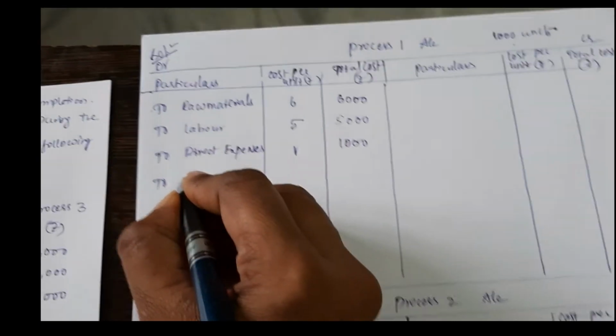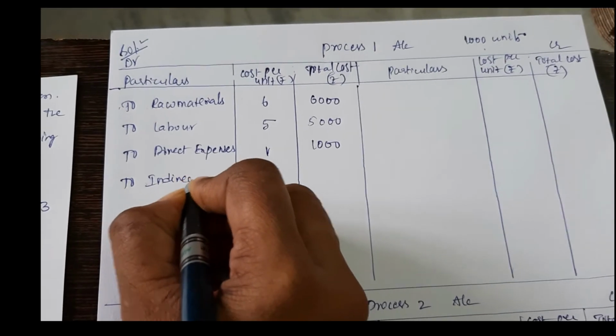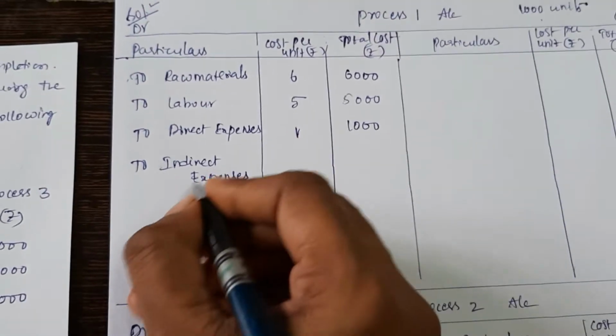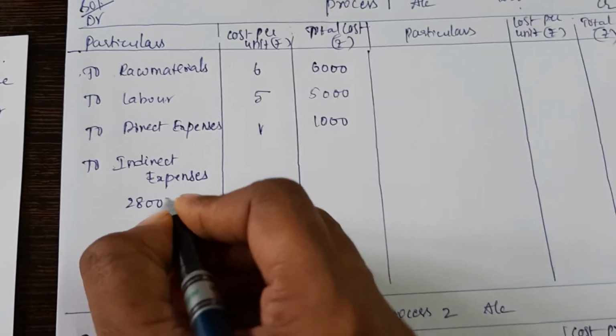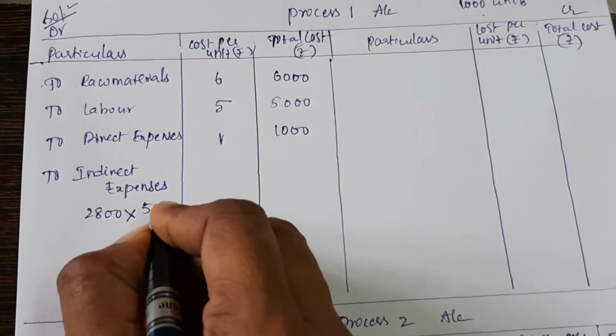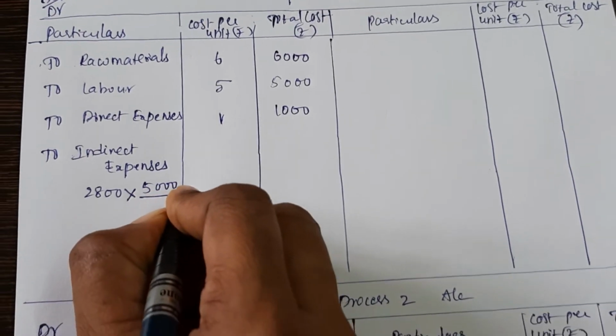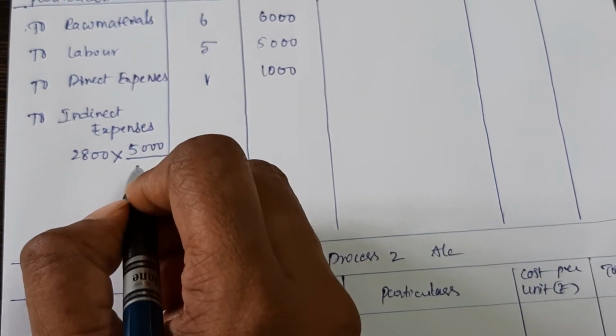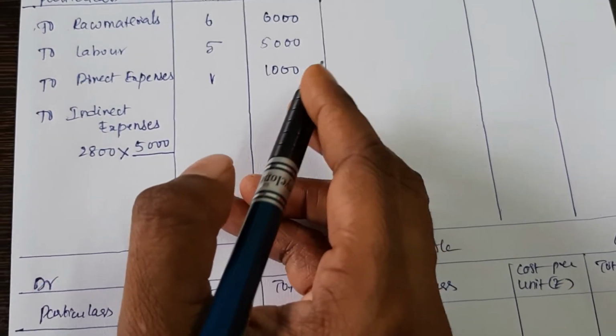So to indirect expenses: the total indirect expenses are 2,800 into this process's labor cost, 5,000, divided by the total labor cost relating to all processes.